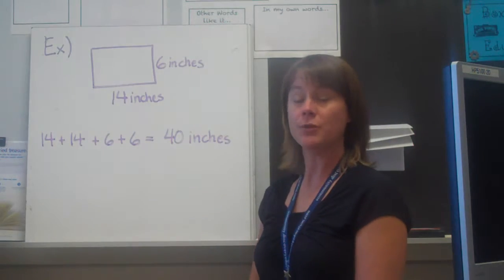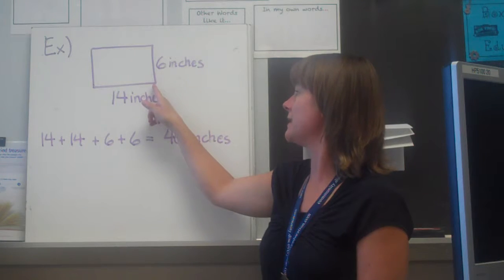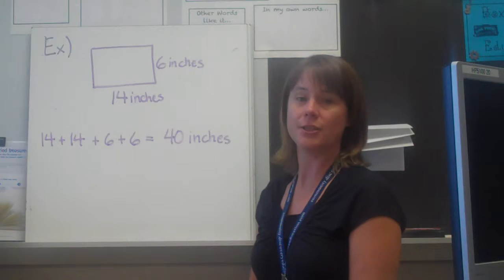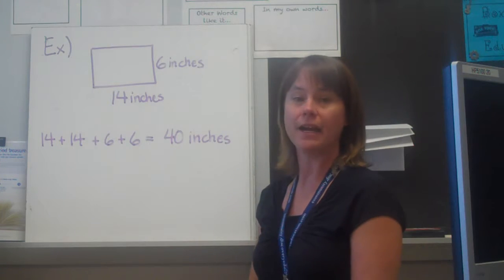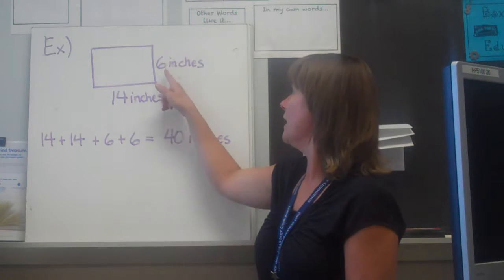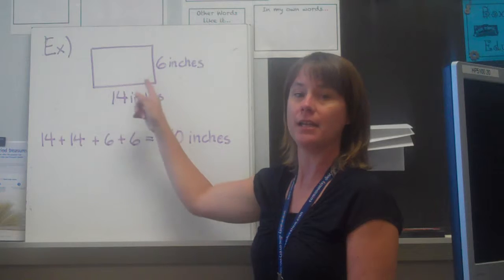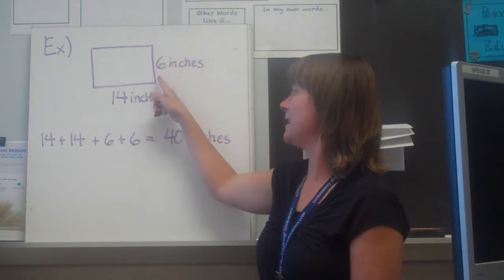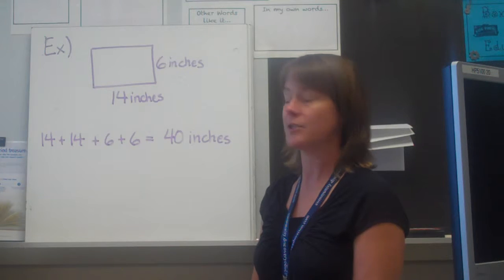An example, and I do want you to put this example in your notebook. If we had a rectangle that was 6 inches by 14 inches, we would have to figure out all the sides in order to find the perimeter. Since this is a rectangle, opposite sides are equal. If this side is 6 inches, that means this side is going to be 6 inches.